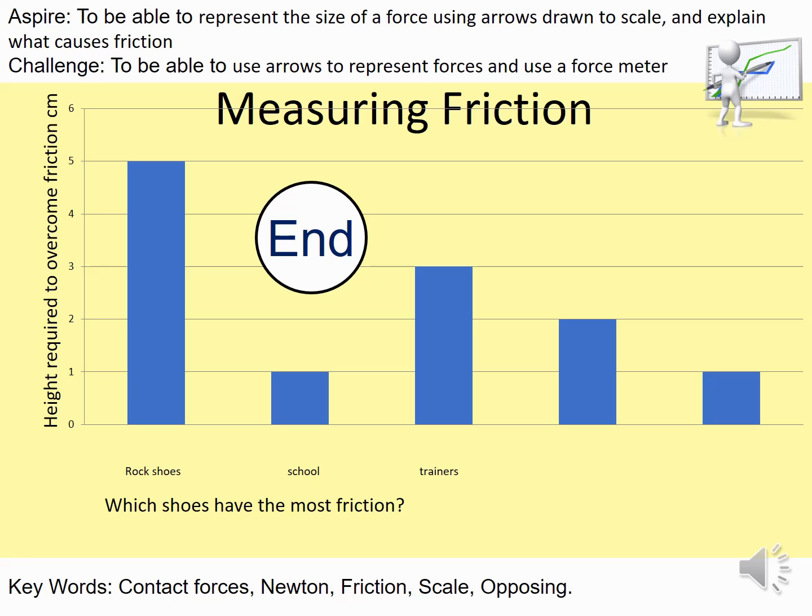Some shoes, of course, need massive amounts of grip, such as sprinters, and they would even go as far as having spikes in the bottom of their shoes to ensure that they didn't slip at all as they moved off.